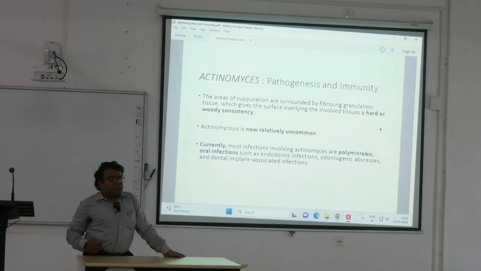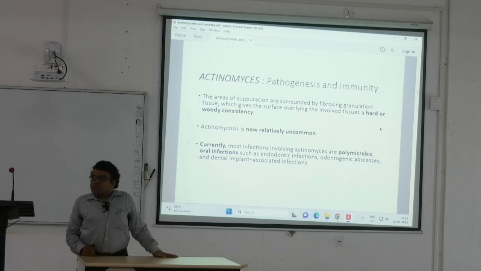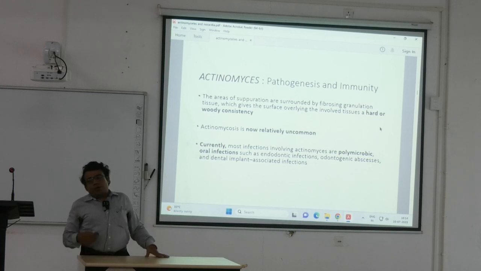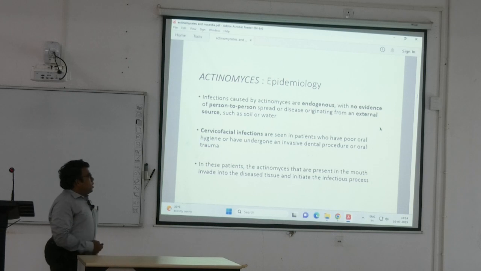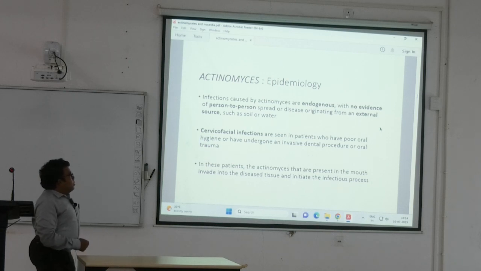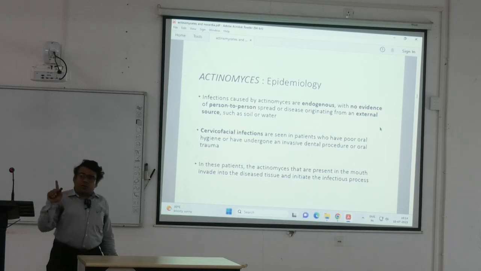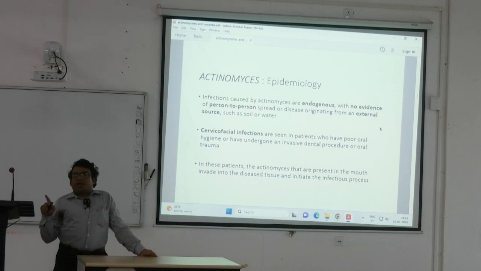Even though these infections are common, please remember they are polymicrobial in nature. That is, this organism does not cause the infection alone. Polymicrobial infections are very commonly associated with them.